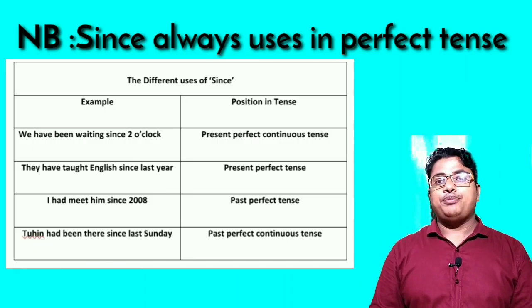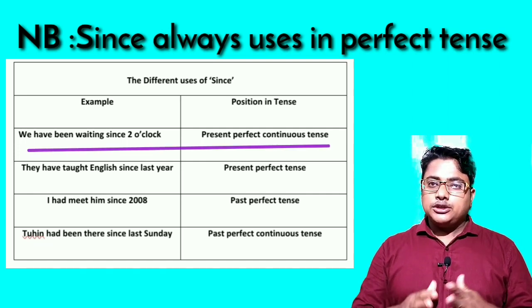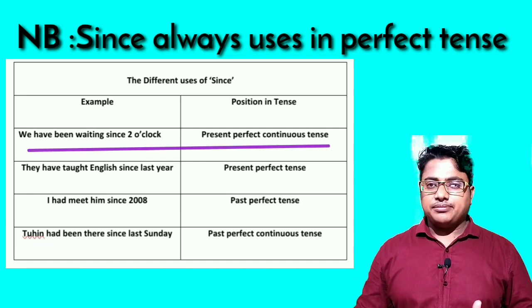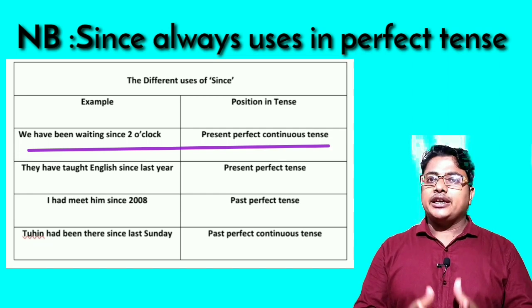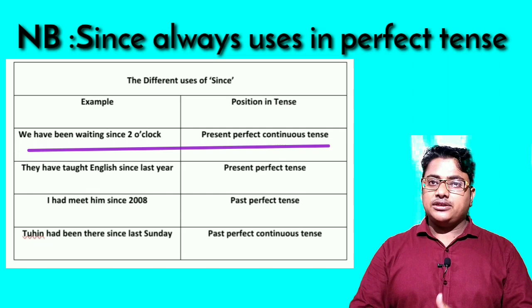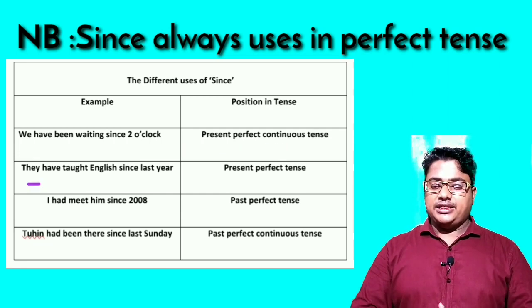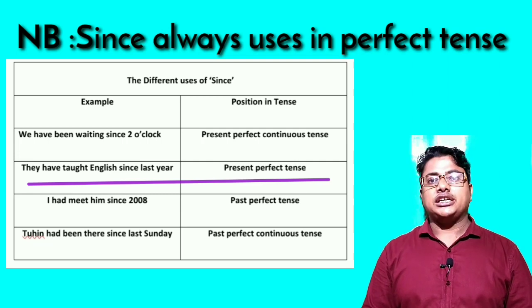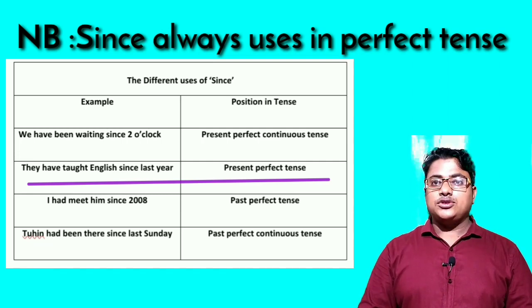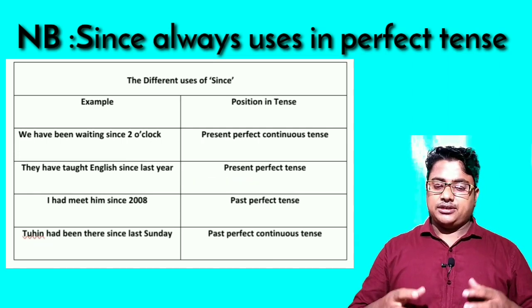For example, we have been waiting since 2 o'clock. 2 o'clock is the starting time. So here have been, here we use since in present perfect continuous tense, and they have taught English since last year. Here since is used in present perfect tense.